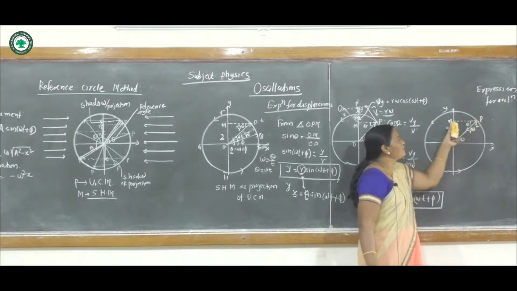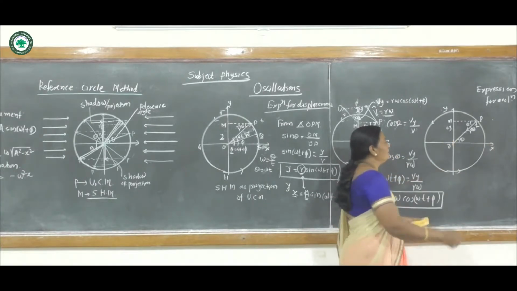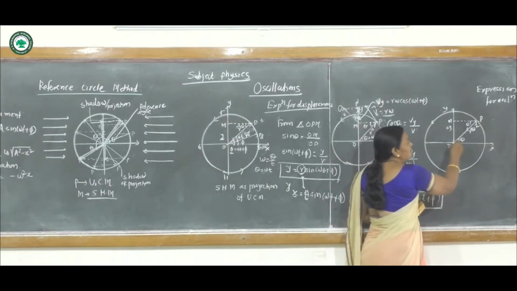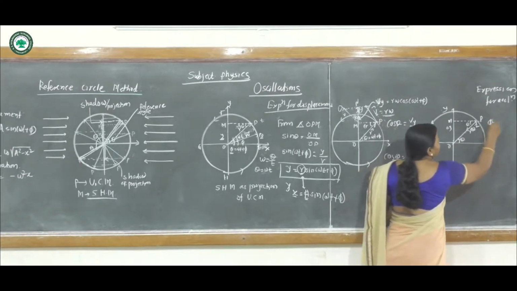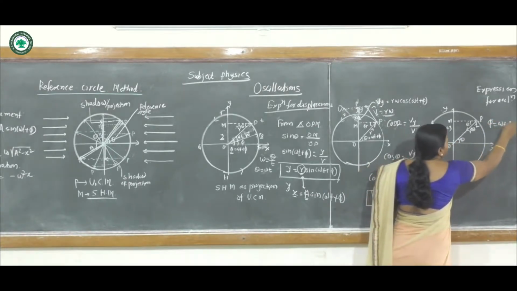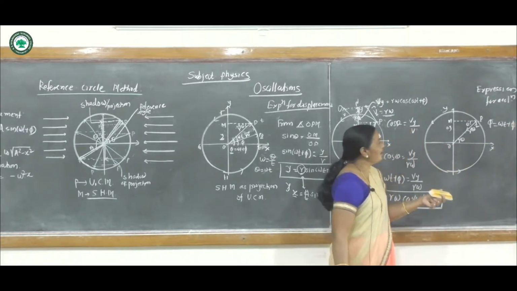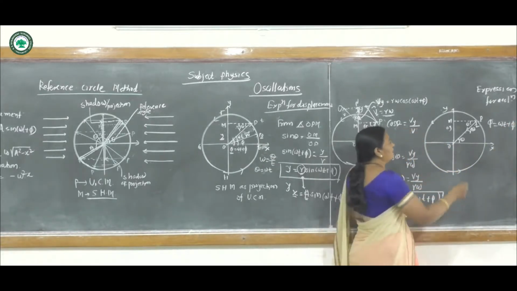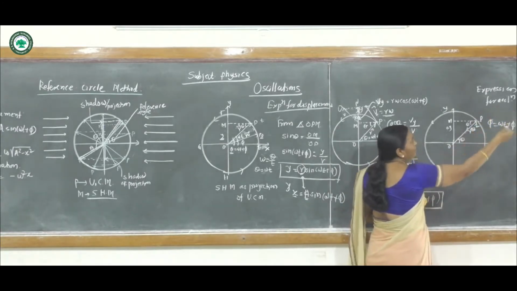Now it is the projection on this diameter. This is the center of the circle, this angle is theta, and theta is equal to omega t plus phi. Now in this case, this is the radius vector in the outward direction.